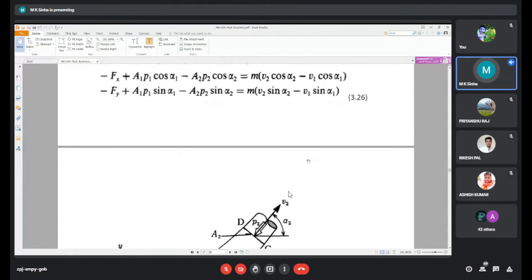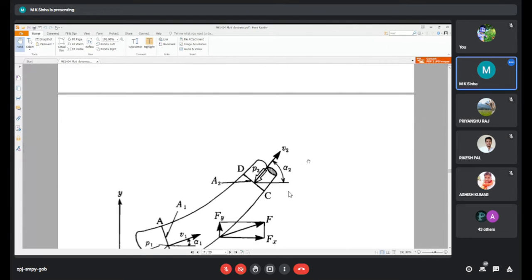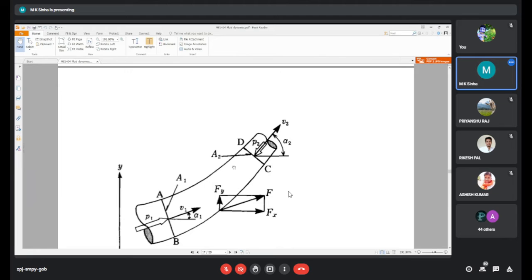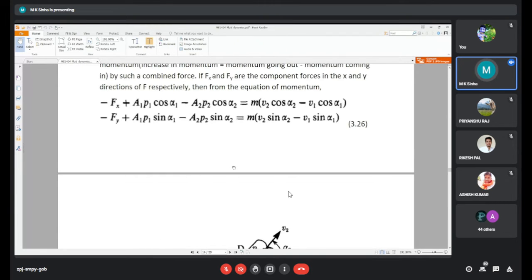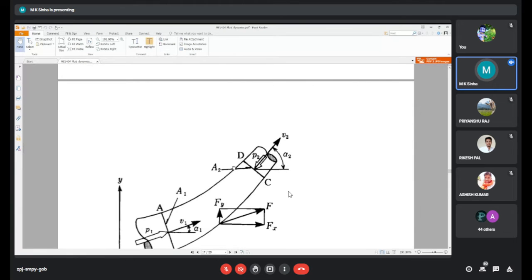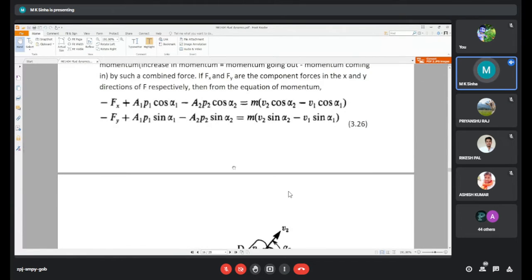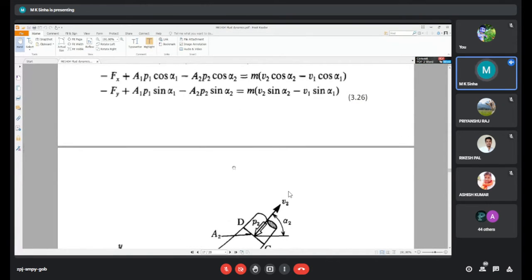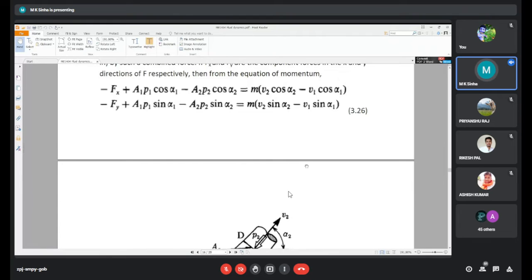So minus Fx plus A1 P1 cos alpha 1, the pressure force at section AB inclined to the velocity, minus A2 P2 cos alpha 2 is equal to the mass into V2 cos alpha 2 minus V1 cos alpha 1.